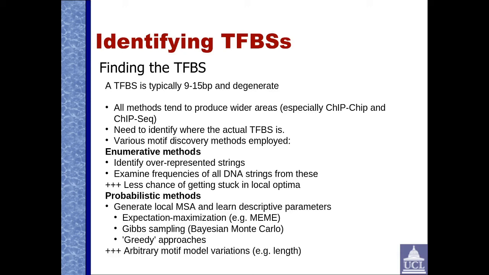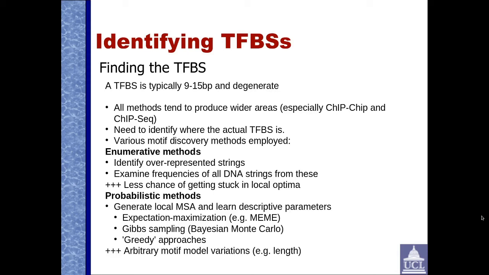And various motif discovery methods have been employed to do this. Now don't worry too much about the detail of how these work, but basically they fall into two categories. One is enumerative methods, and these basically just try to identify overrepresented strings of characters.